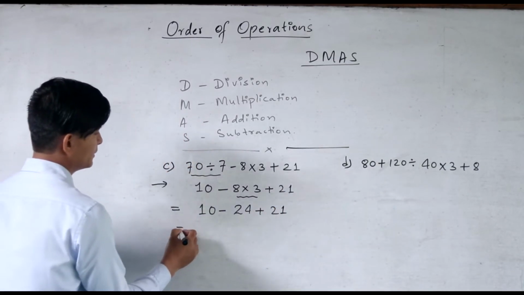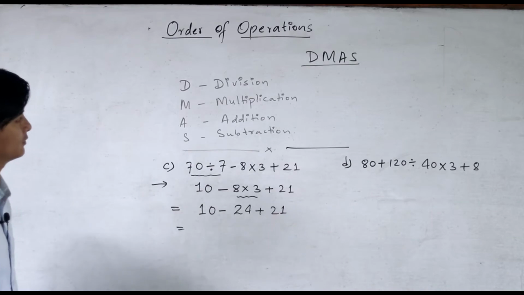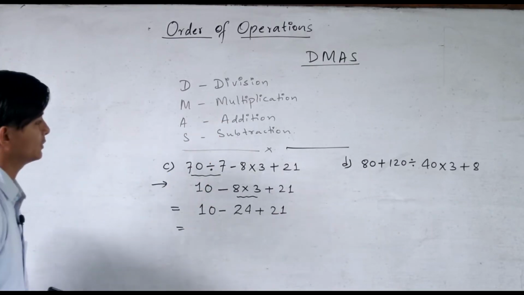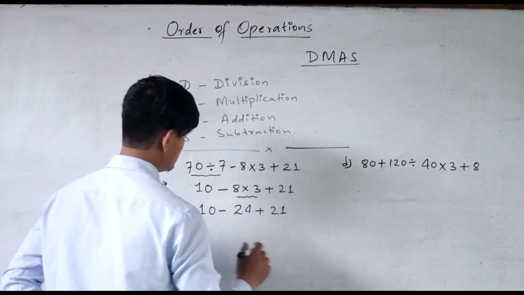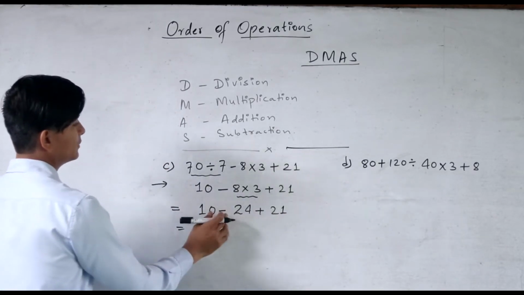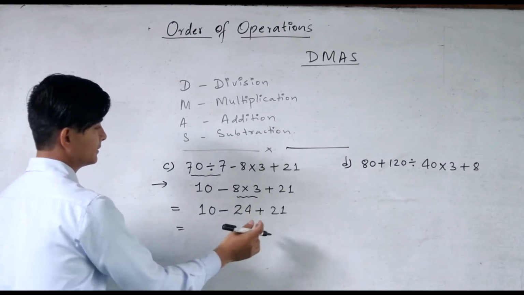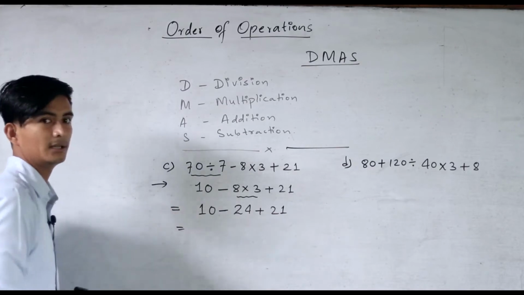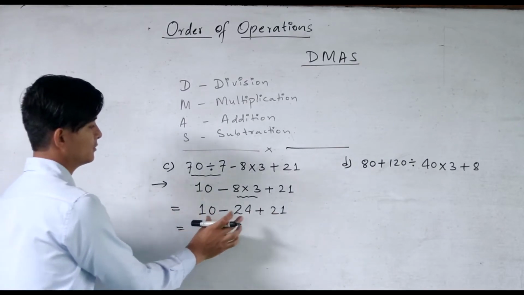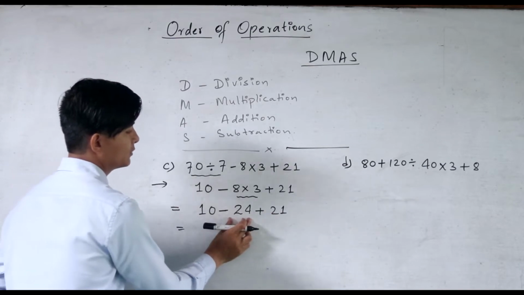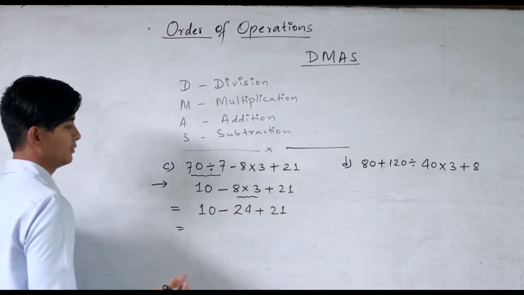Okay, so next we have to do addition and then subtraction. You can see here 24 is in minus, 21 is in addition, and 10 is also in addition. So we have to do these two first, and finally 24 we have to do as minus.